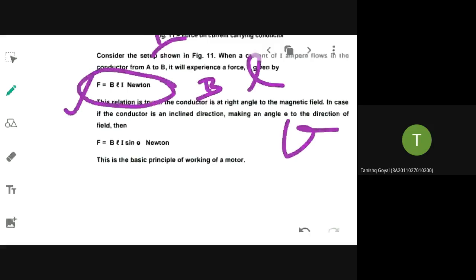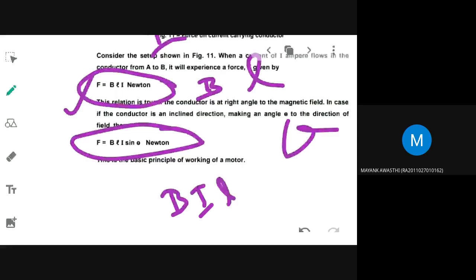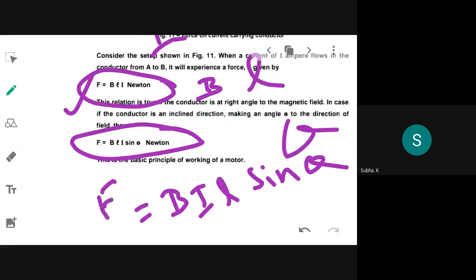And again, because of this force, it will be set into rotation. Earlier, in the initial case, it was not rotating. Now, because of this theta, what will be the formula for force? BIL sin theta. Okay, that is for a motoring machine. Motor. So that is the difference between the working principle of a generator and a motor.